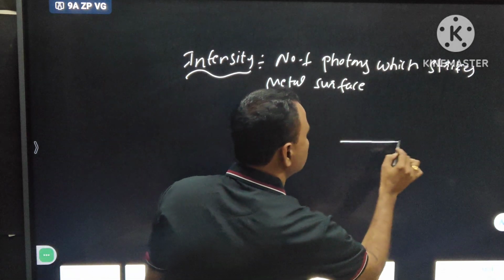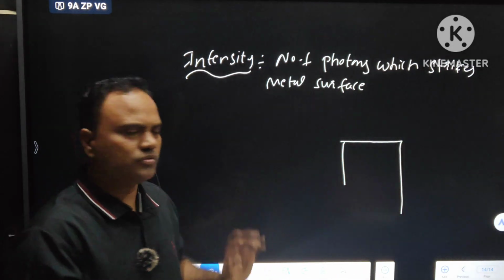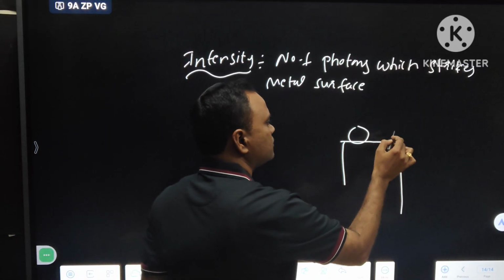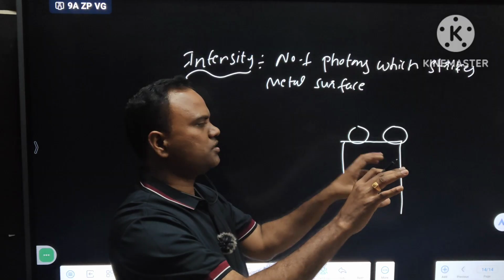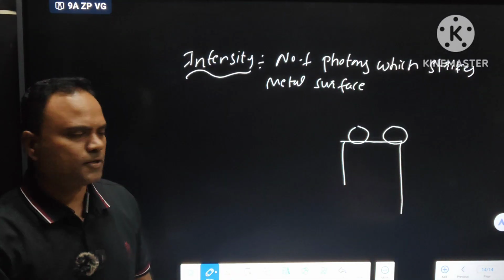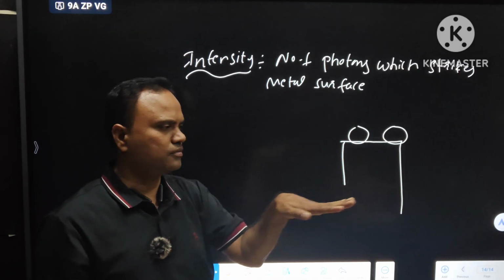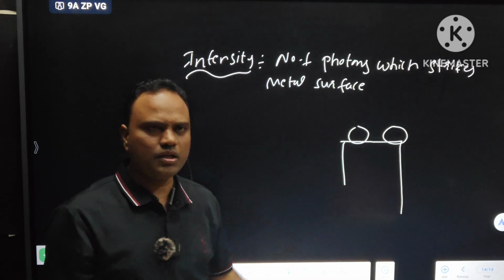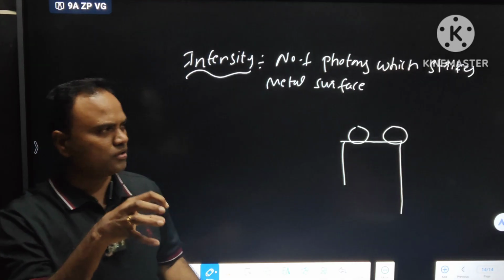I'll tell you one simple example. Just imagine one bench in front of you. Place two balls, 1 and 2, with some distance. Two electrons are present on the bench. Take another ball. This is a photon.